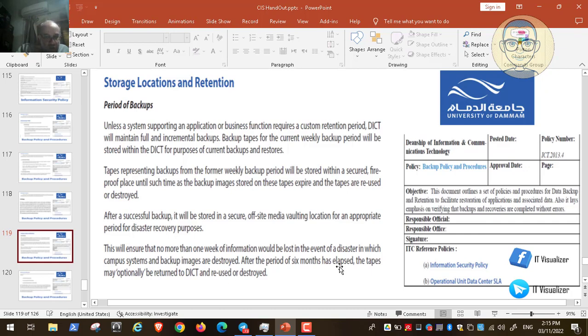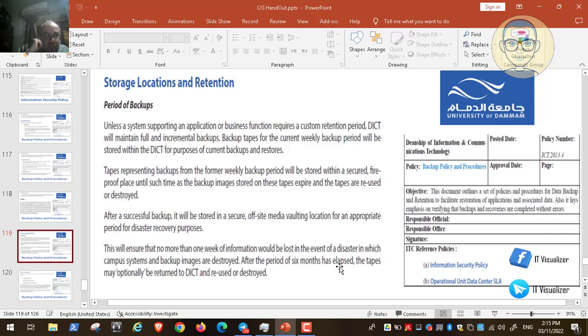This is a 1 week backup of data, and the previous weeks should be stored in a safe within the IT office. Other than that, we also have some tapes that can be stored at an off-site place outside the university.